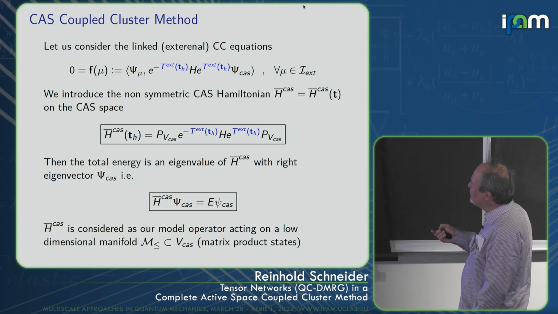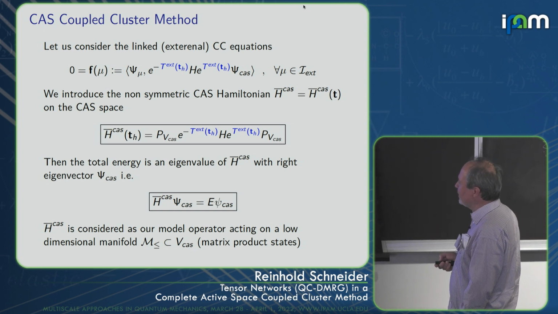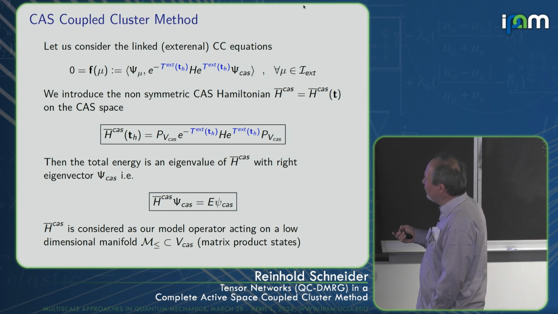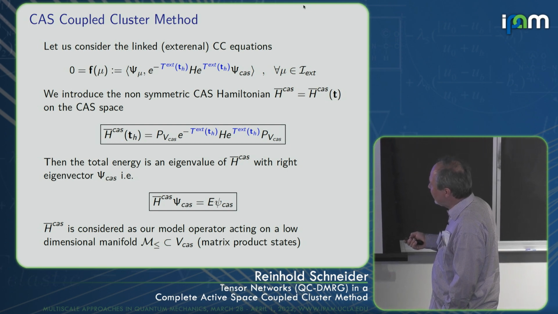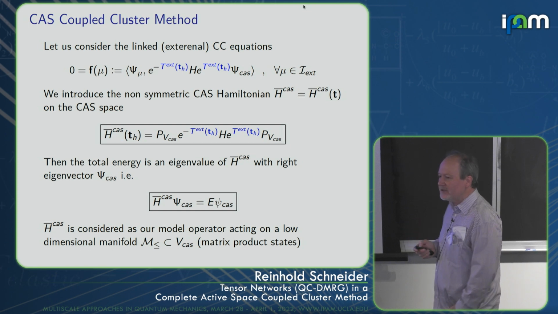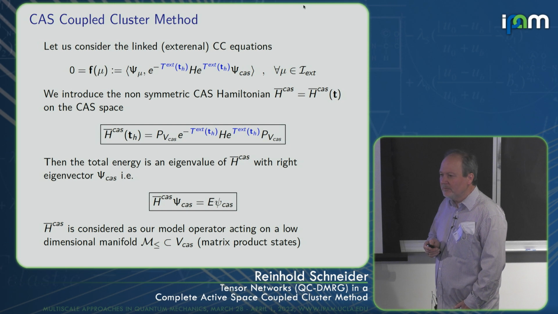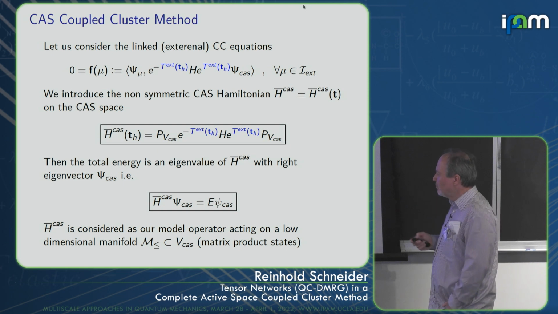Okay, so let us consider the external coupled cluster equations. And then we see that the energy, so the total energy, is an eigenvalue of this similarity transformed Hamiltonian projected to the CAS space. Okay? The only thing is how to compute it.